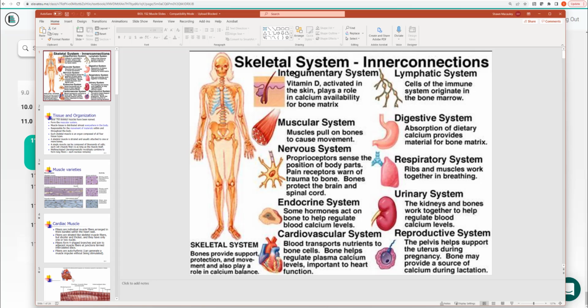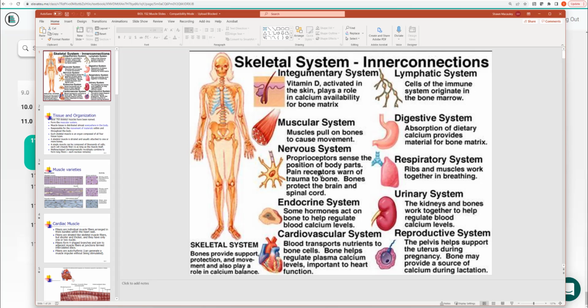And it turns out that vitamin D is made or activated in the skin, but it also plays a role in absorbing calcium into your body. So there's a connection between the integumentary system and the skeletal system revolving around calcium availability.